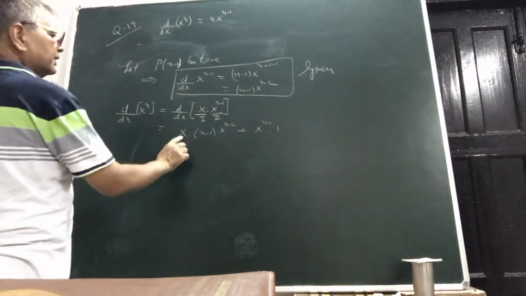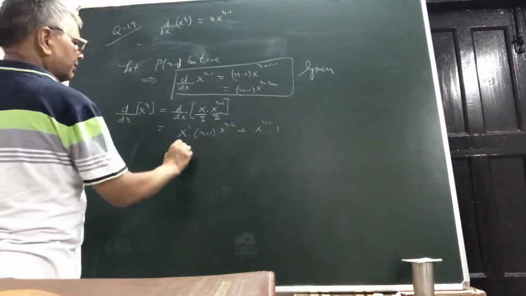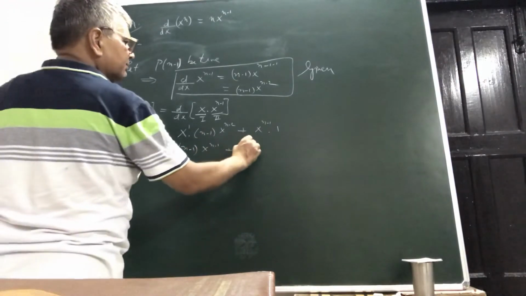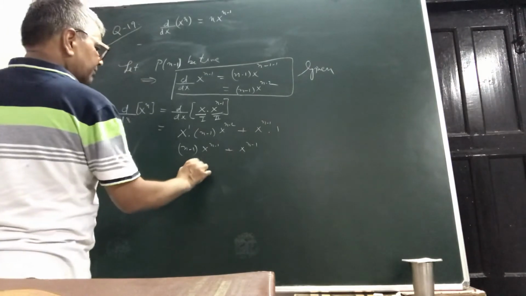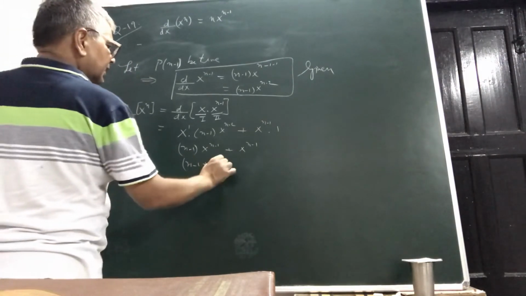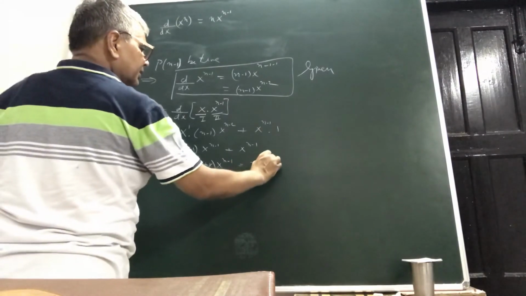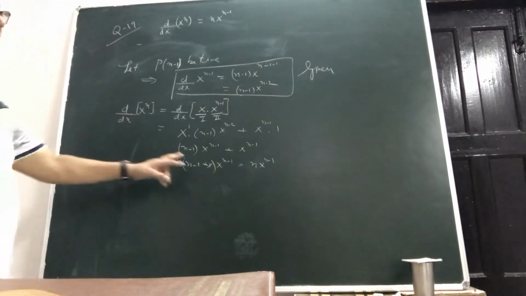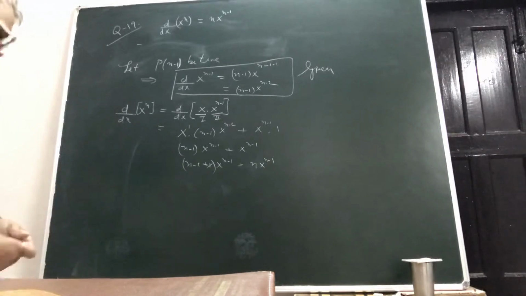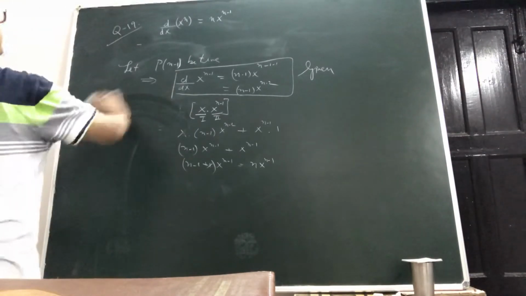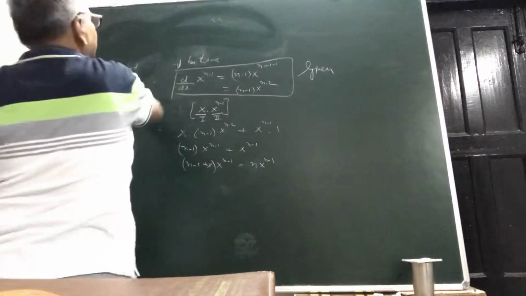So x into x raised to power n minus 2 is x raised to power n minus 1, plus x raised to power n minus 1. So n minus 1 plus 1 is n, and it is equal to n x raised to power n minus 1. So this is what we have established very easily. It was hardly anything difficult therein. So this is how we can do question number 19.